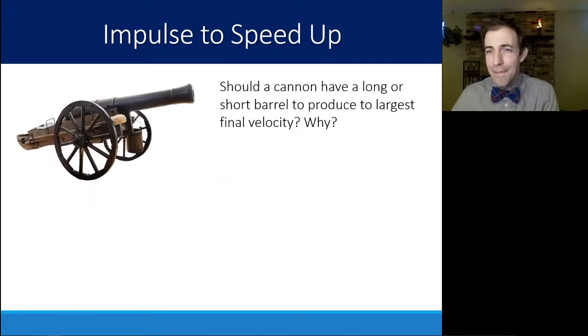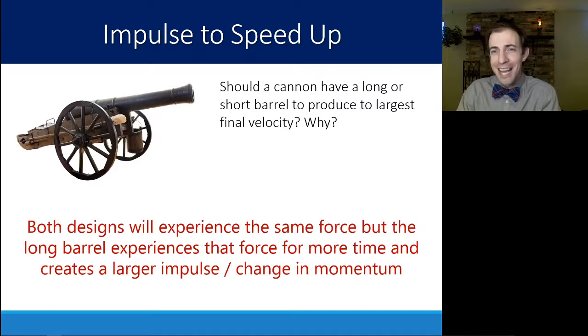We can also use impulse to speed something up. A great example of that is a cannon. A cannon is designed to speed up the cannonball as much as possible, and you'll find that it actually matters how long it is. So if we want a cannon that is going to produce the largest final velocity, we want a barrel design that's longer, because a longer barrel means that the explosion will impart a force as long as the ball is still in the chamber.